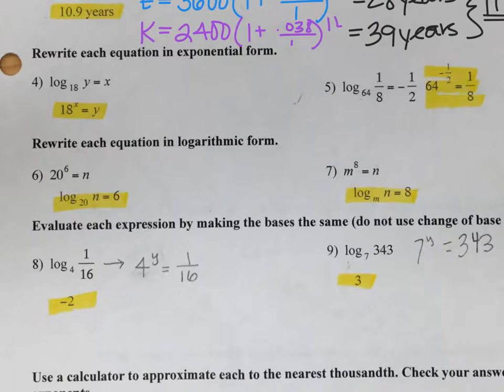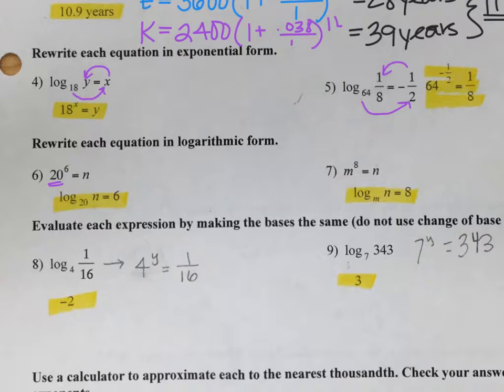In this next little section, all we're doing is rewriting in a different format. If it gives you a log, you're just saying 18 to the x power equals y. 64 to the negative 1/2 power equals 1/8. Then on 6 and 7, we're going the other direction. 20 is my base, so you can say log of 20 to the 6th power equals n.